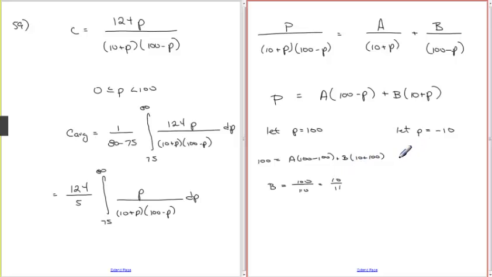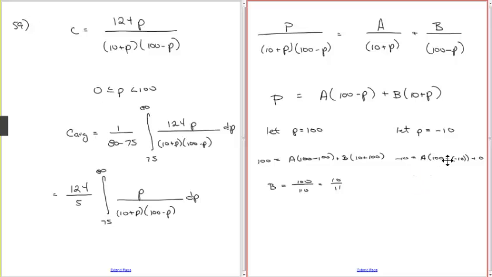And then over here we do the same thing. We have a negative 10, so p is negative 10, and we have A times (100 minus p), which is A times 110. And then the second term is going to be 10 plus negative 10, which is 0. So I'm just going to say that's 0.